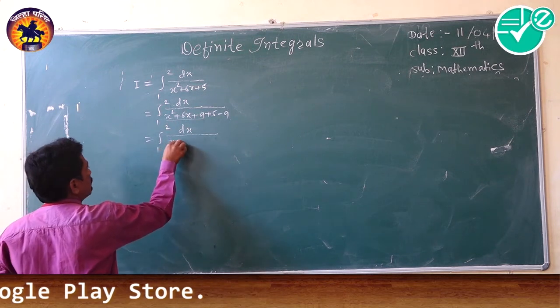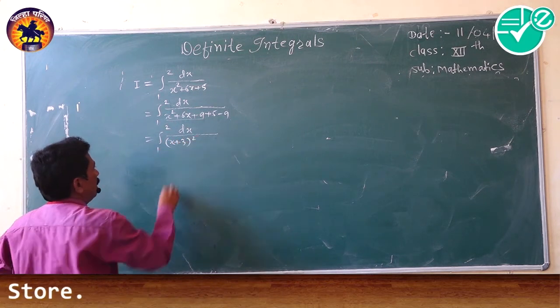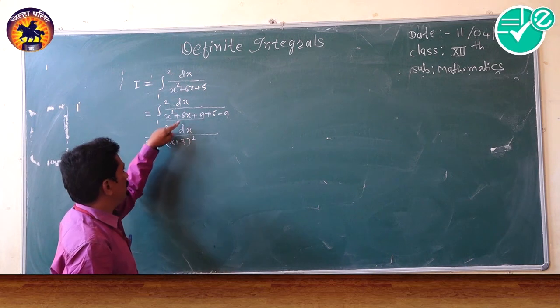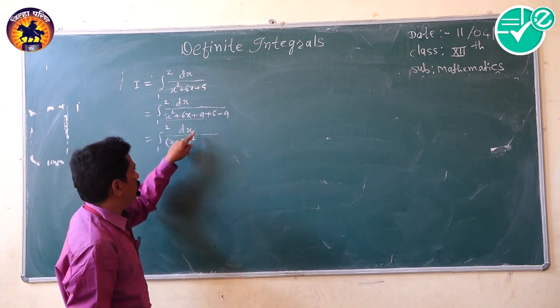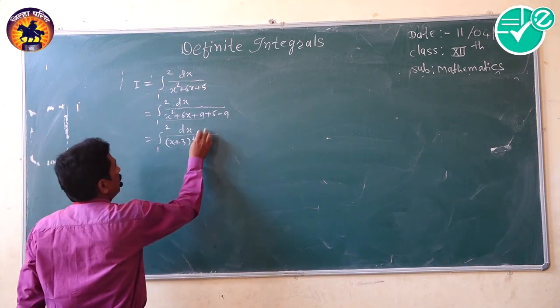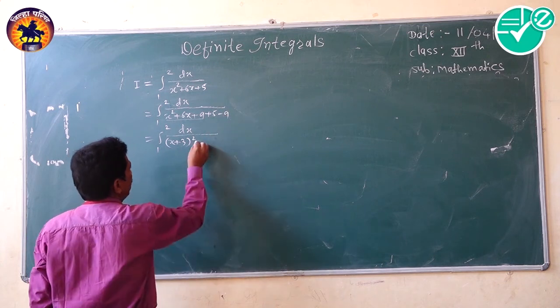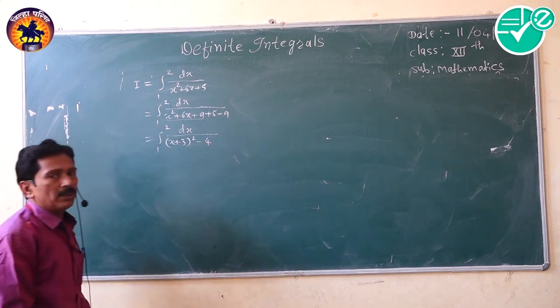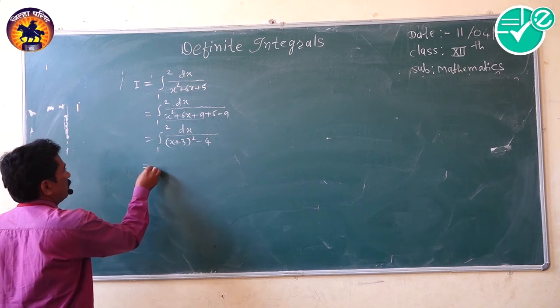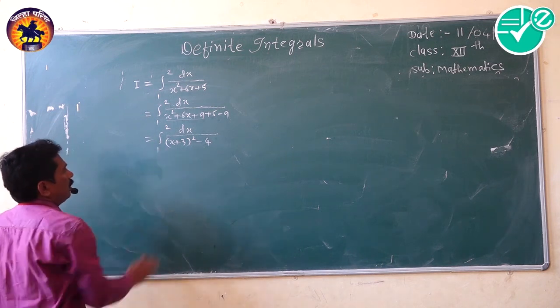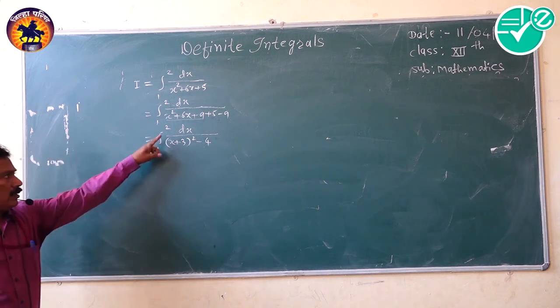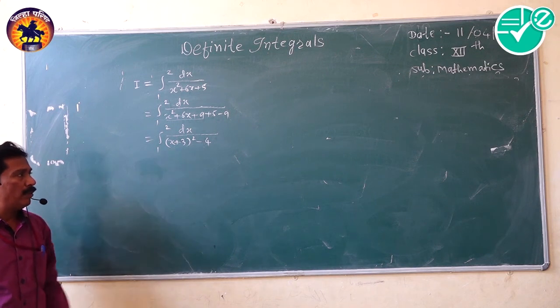We can write here x plus 3 bracket square, that is square root of this x plus, and square root of 9 is 3. Now 5 minus 9, it is minus 4, and this is equal to dx upon x plus 3 bracket square minus 4.